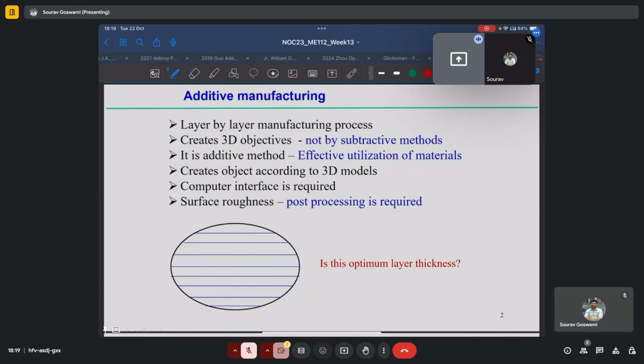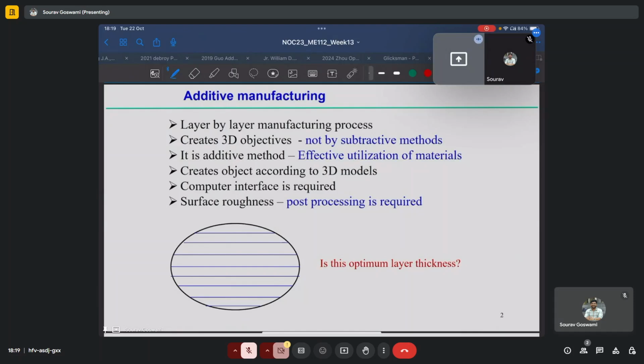Also, we may need some post-processing steps for removal of the support structure, which again would qualify as a subtractive step. Apart from this, there might be some non-subtractive post-processing steps also, such as hot isostatic pressing of powder bed fusion parts, which are performed with the direct aim of increasing the part density and reducing porosity.